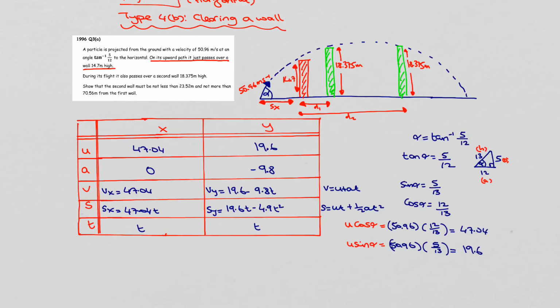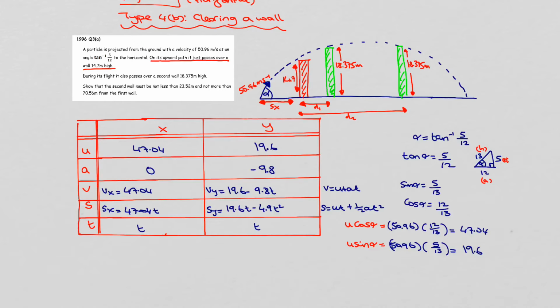Because if I go back to the question, I have underlined here, on its upward path, it just passes over a wall of 14.7 metres high. So 14.7 metres high is also over the far side to the right. I don't want to draw on the diagram because I don't want to confuse you with the green walls. But that would occur at 3 seconds.